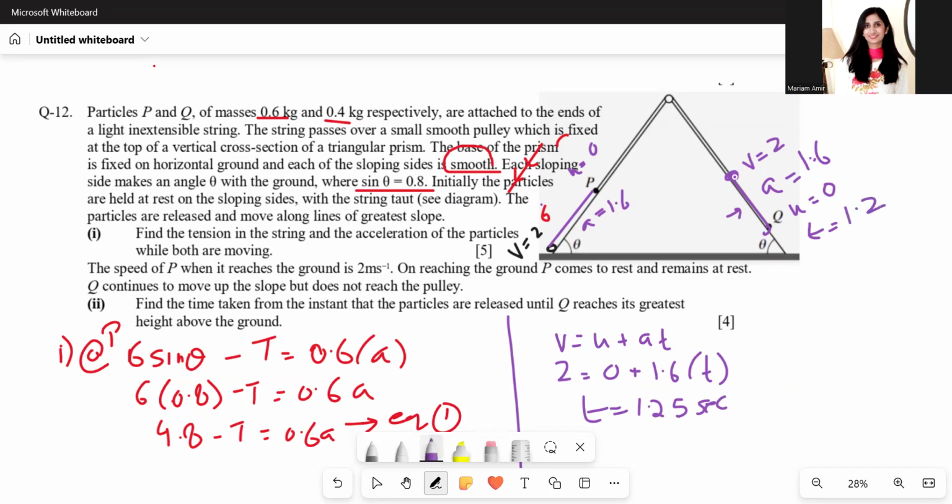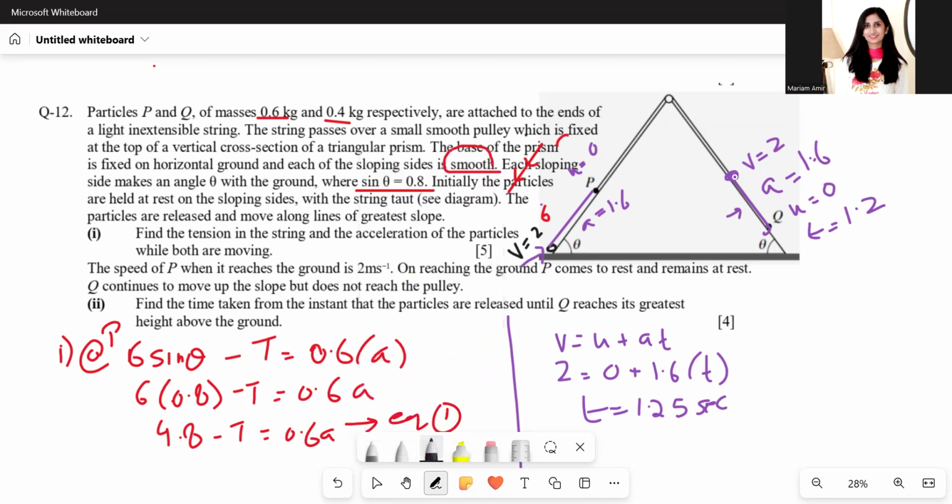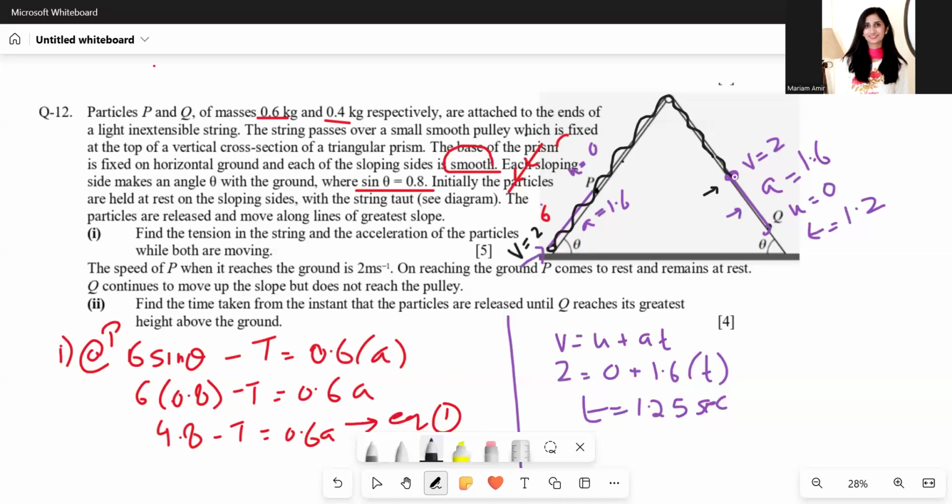Okay, now as P hits the ground, the string becomes slack. Now, this particle Q does not stop instantly. It gets a forward push and it still travels upwards for a while till its final speed becomes 0.